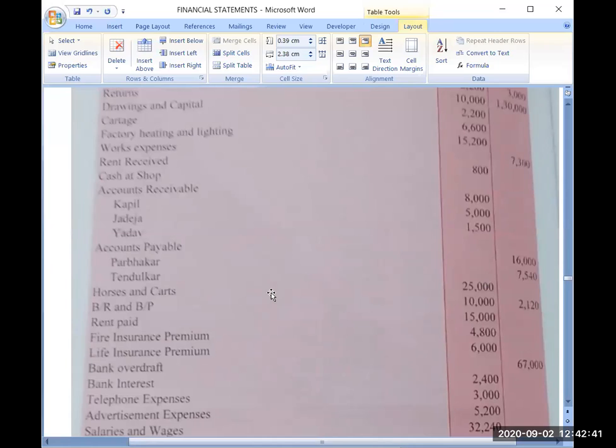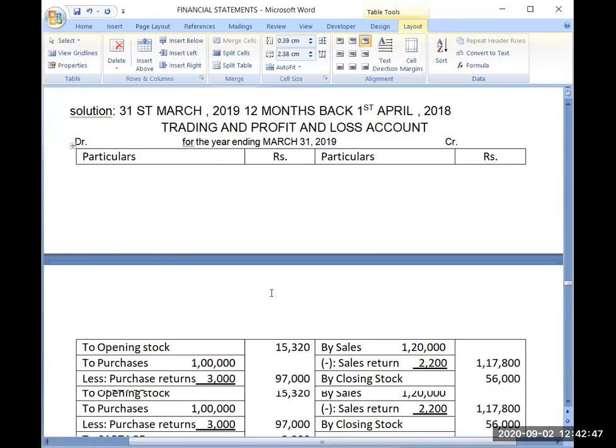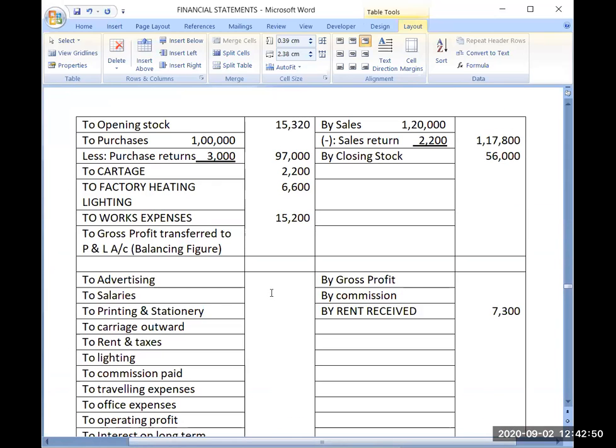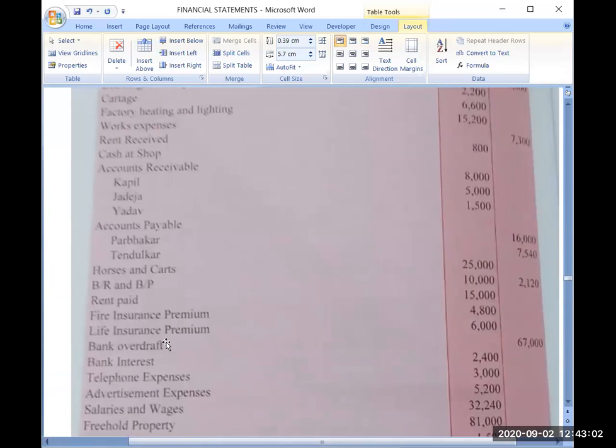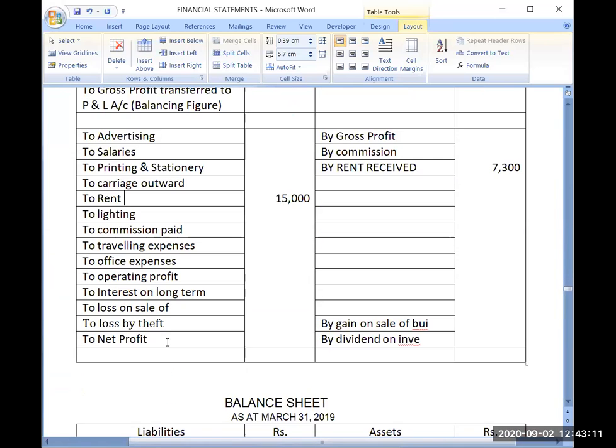Now rent paid. Rent paid is your expense, 15,000. Fire insurance premium and life insurance premium. So fire insurance premium is the expense of the business, 4,800.